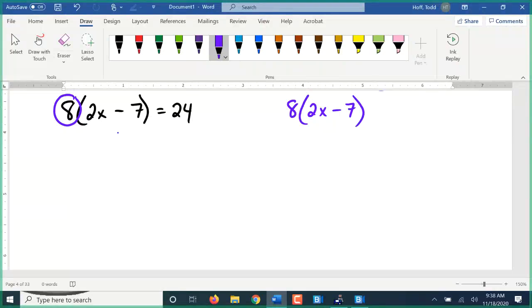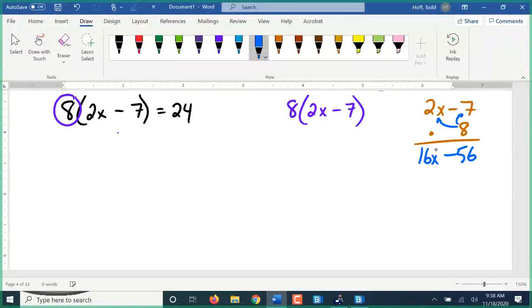The actual way, the long way of doing that, is to write it out just like a regular multiplication problem. 2x minus 7 is just a 2-digit number multiplied by 8. 8 times negative 7 is a negative 56. 8 times 2x is 16x. We get 16x minus 56.